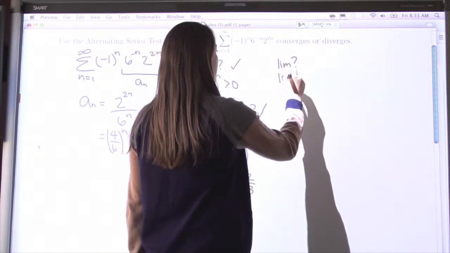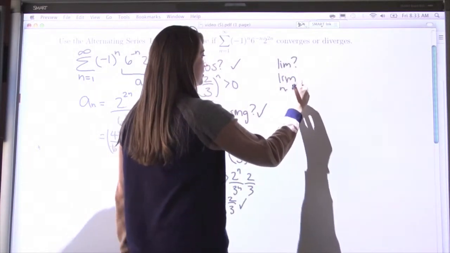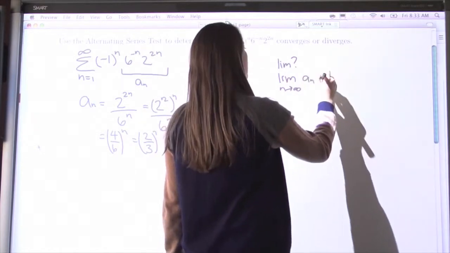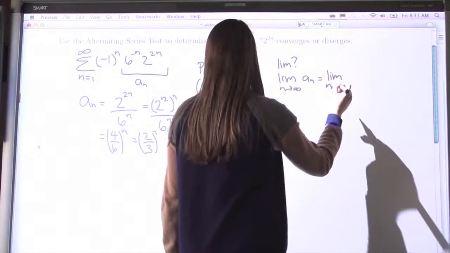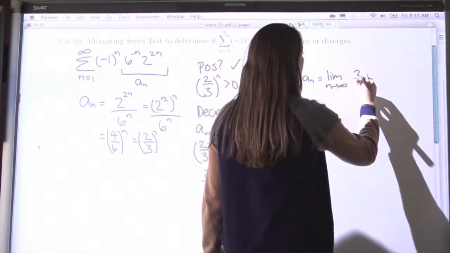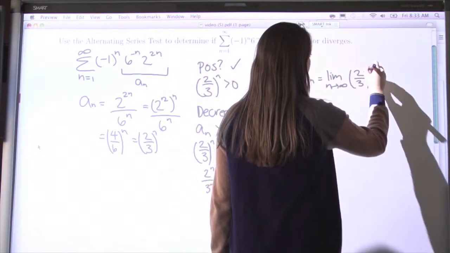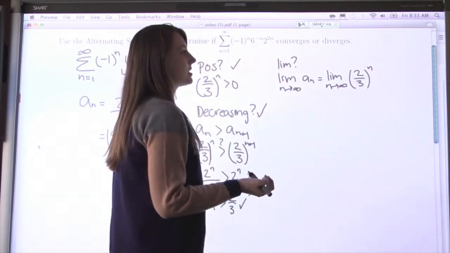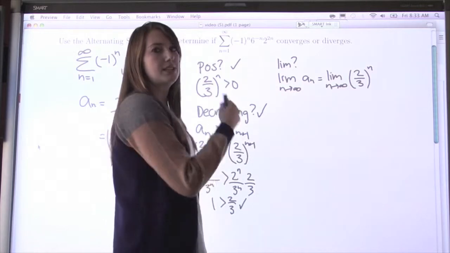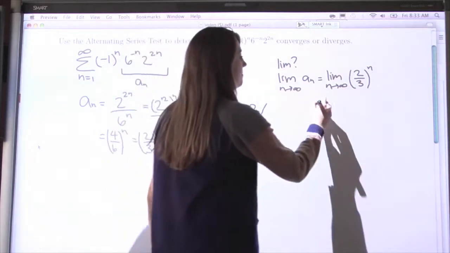So this is the limit as n goes to infinity of a sub n. That then equals the limit as n goes to infinity of 2/3 to the n. So 2/3 is less than 1. So we can see that this limit is going to keep decreasing as we increase n.